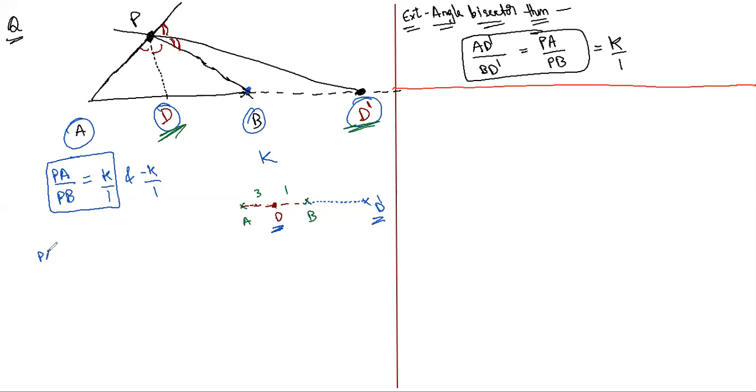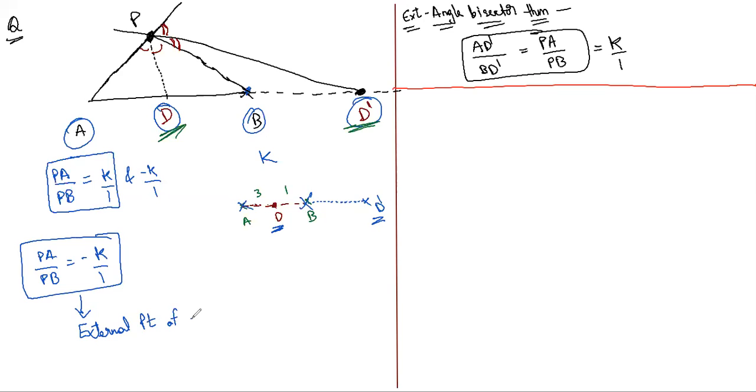Remember, if PA by PB is equal to a negative ratio, I'll get the point dividing these 2 fixed points externally. I discussed this. Do you remember? It will give the external point of division. Did we discuss this in coordinate geometry? Yes, sir.